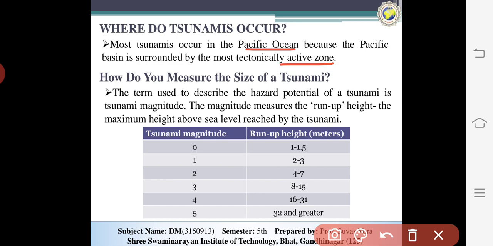You can see here, when the tsunami magnitude is 0, the run-up will be 1 to 1.5 meters, then magnitude 1 is 2 to 3 meters, then 2 is 4 to 7, then 3 is 8 to 15 meters, then 4 is 16 to 31, and the fifth is 32 meters and greater heights.